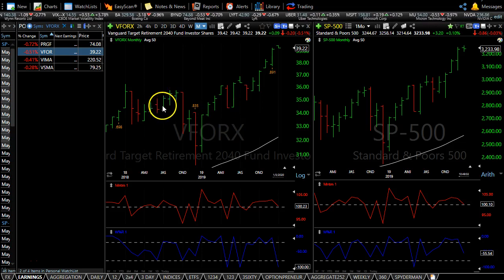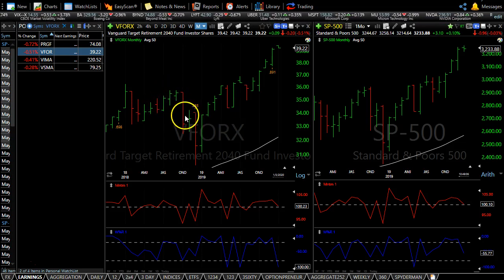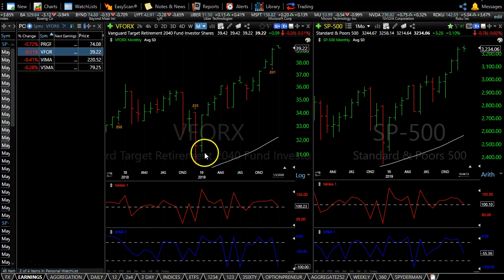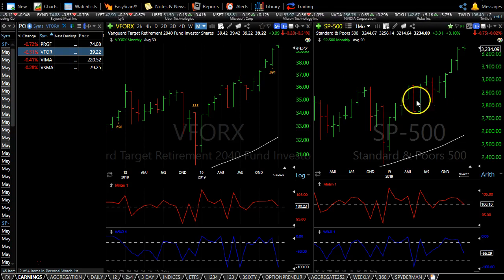The green simply means that there were more buyers than sellers, which drove the price up. And the red bars simply mean that there were more sellers than buyers, which drove the price down. Over here, you have the S&P 500 stock index.